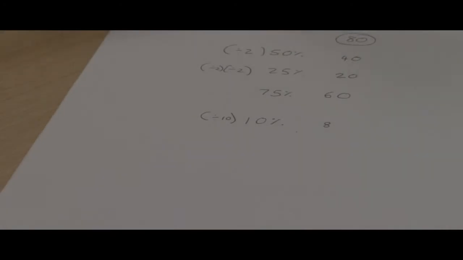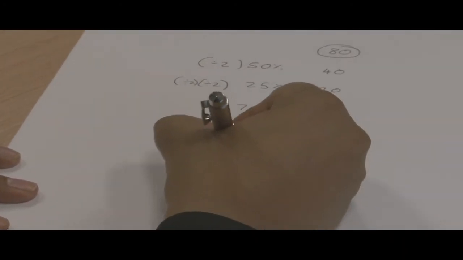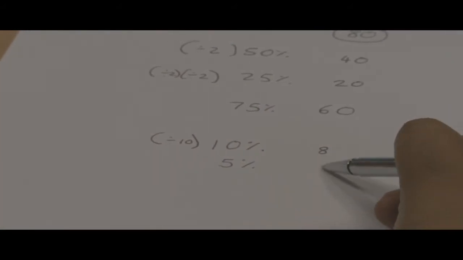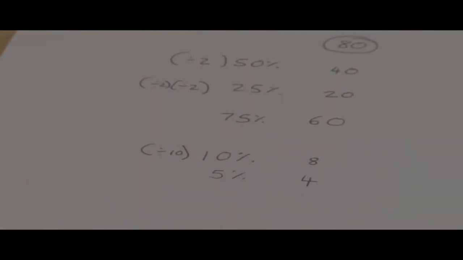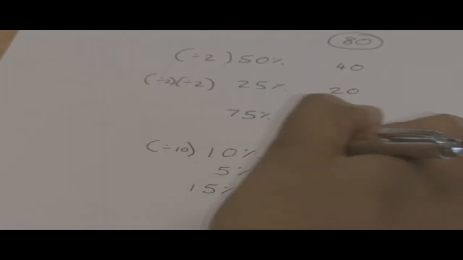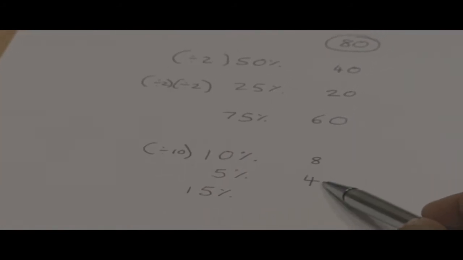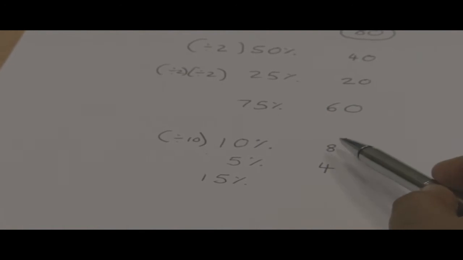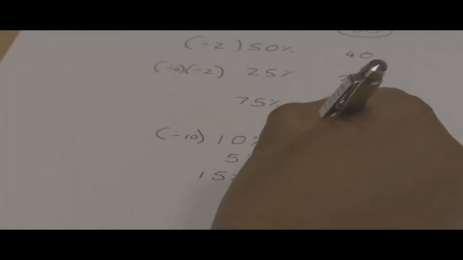Now, if we know 10%, 5% is easy to work out. We just halve the 10%, which gives us 4. If we're asked for 15%, we work out 10%, work out 5%, and then simply add them together. So 8 add 4, which will give us 12. Okay?